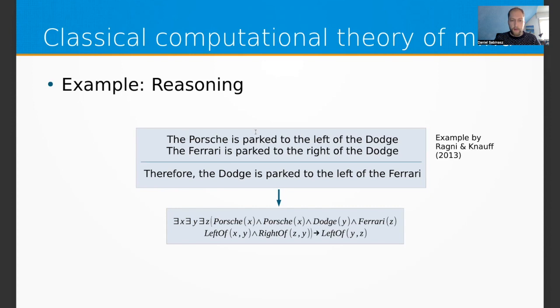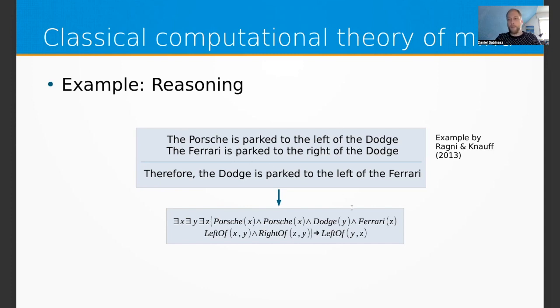First premise being the Porsche is parked to the left of the Dodge. Second premise is the Ferrari is parked to the right of the Dodge. And then below this line here, there's a conclusion that could be drawn from these premises, namely, therefore the Dodge is parked to the left of the Ferrari. So this would be an instance of deductive reasoning, inferring a certain conclusion from a certain set of premises.